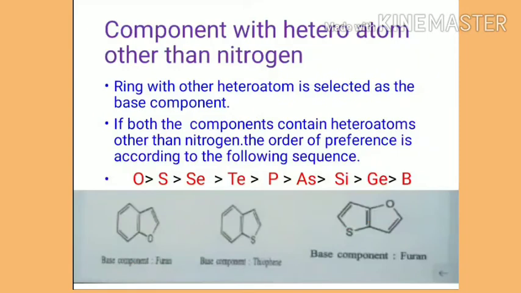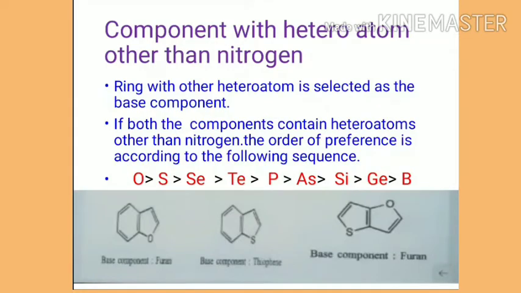Next slide. Component with heteroatoms other than nitrogen. If the heteroatom is other than nitrogen, and one ring is carbocyclic and the other is heterocyclic, the ring with the other heteroatom is selected as the base component.